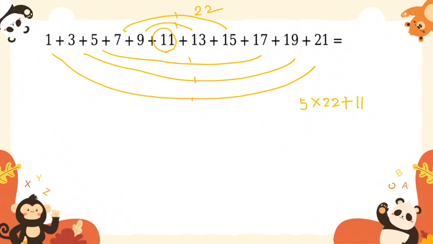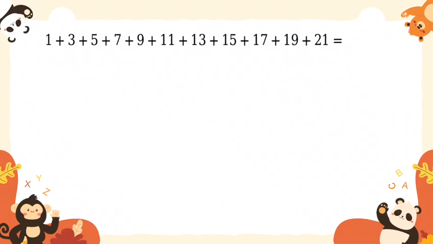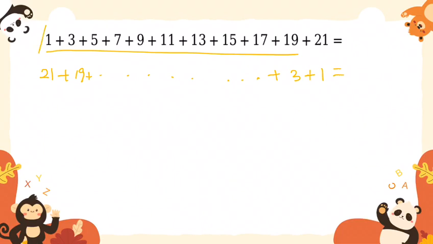And you can also do like this. I just write down the sequence from another order, like 21 plus 19 plus until plus 3 and then plus 1. We can also find each group is 22.